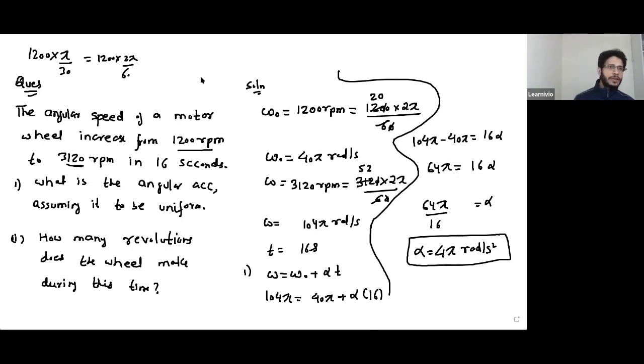Once you have alpha, you can calculate theta. In the second part, you're supposed to calculate theta, which is omega naught t plus half alpha t square.